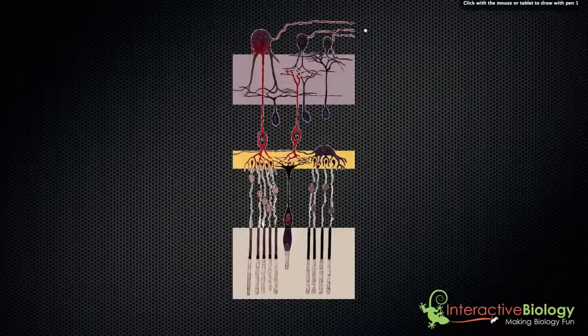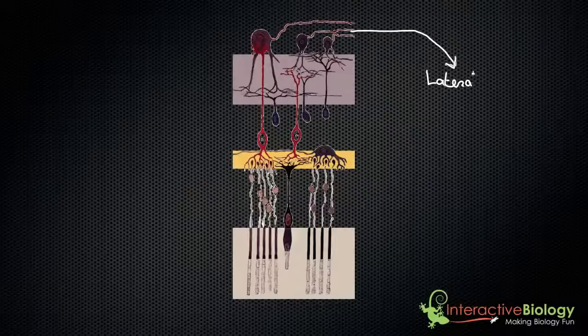When the ganglion cells are stimulated and they send their signals, they're going to send their signals to a specialized region in the thalamus called the lateral geniculate. So this is in the thalamus, and then that can go on to other parts of the brain for further processing. And we're going to talk about that in some later episodes.